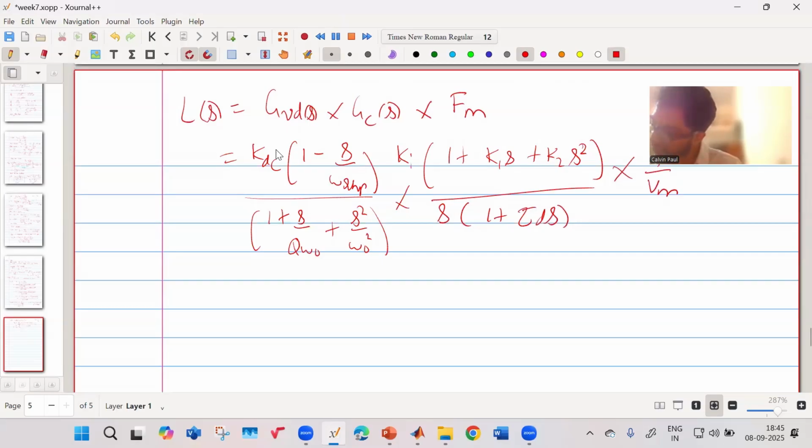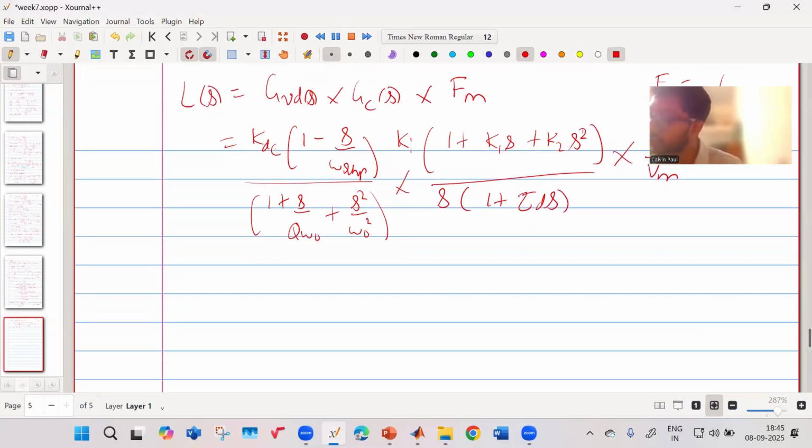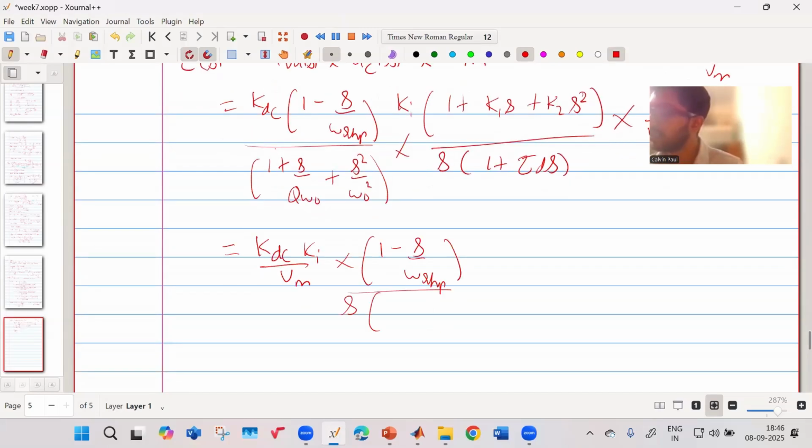So as we had discussed earlier, we lump the DC gains, this Kdc into Ki upon Vm, that multiplied by (1 minus s upon omega RHP) upon s into (1 plus s upon omega RHP). Now we do cancellation.